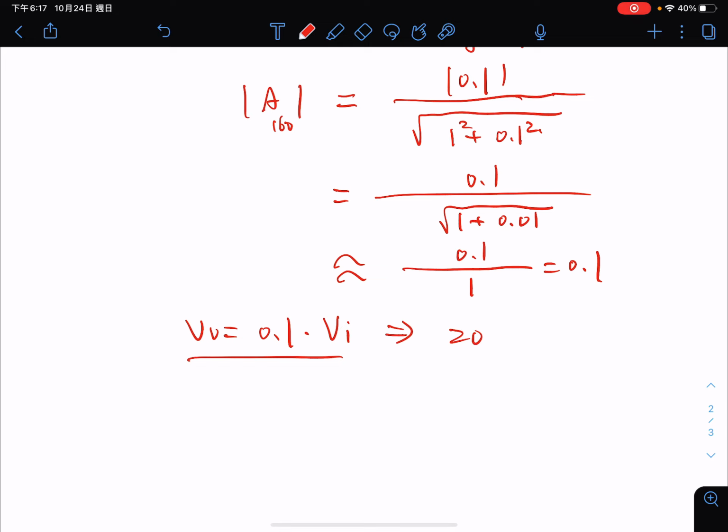Then we can calculate dB: 20 multiplied by base 10 log of V out over V in, which will be 20 log 0.1, approximately minus 20 dB.